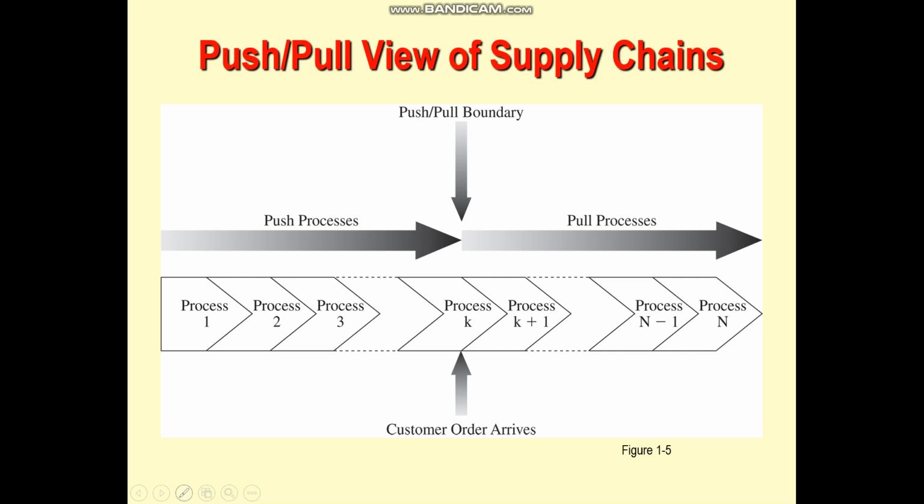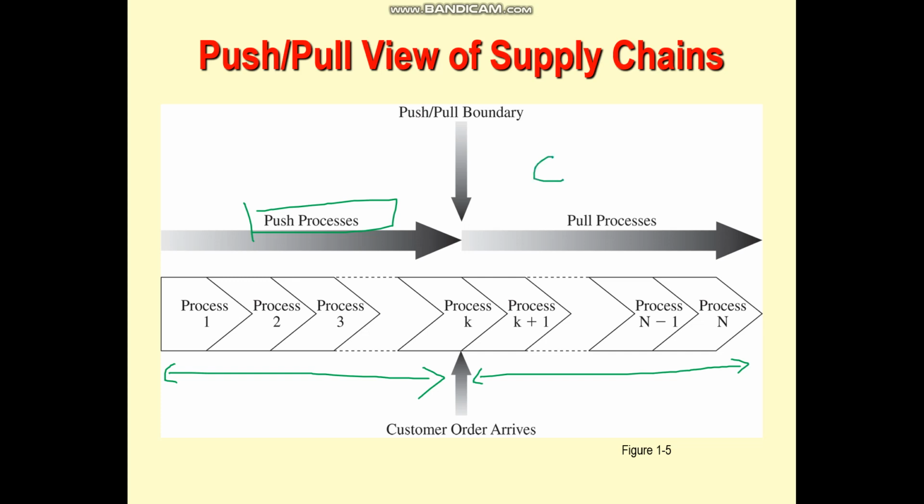So we can see here that all the activities that happen before the customer order arrives are push processes, and the activities that happen after the customer order arrives are pull processes. The push process is the flow from the supplier to the customer, and the pull process is the flow from the customer back to the supplier.